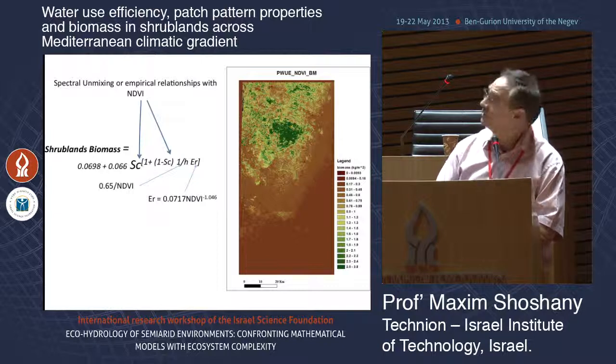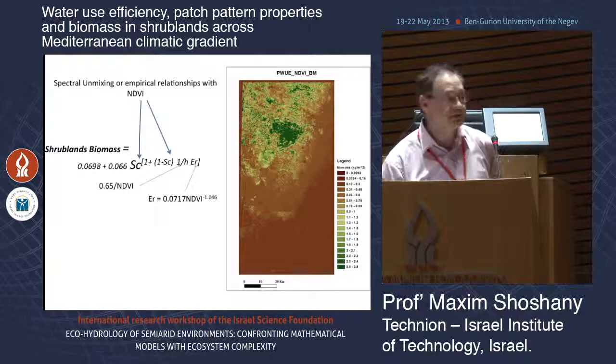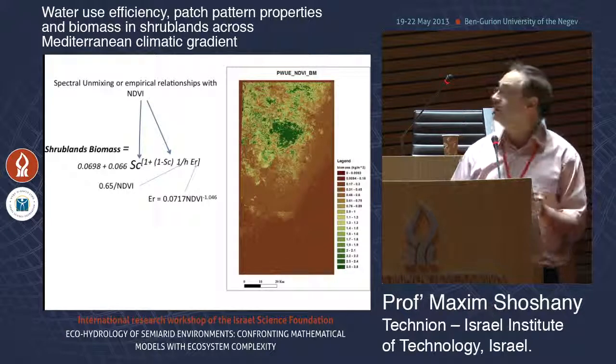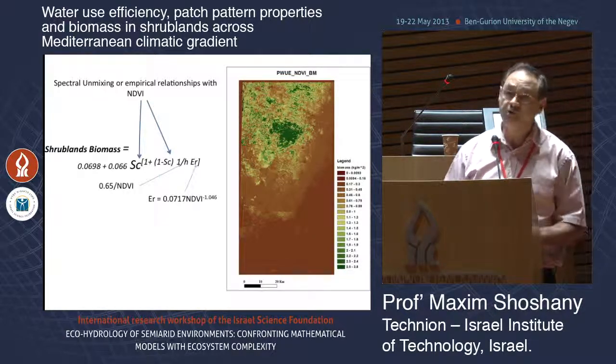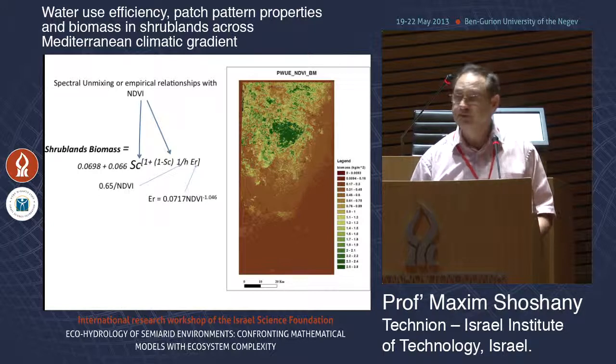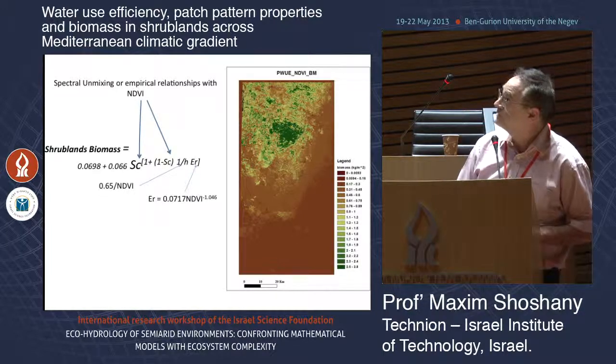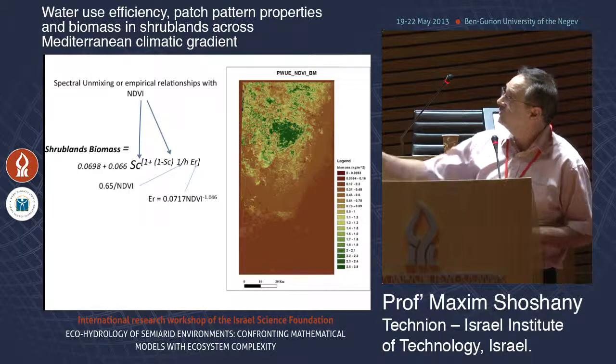So now we can take it further, and that's from the remote sensing perspective. We can derive a new type of model for mapping shrublands biomass from remote sensing, where from unmixing we can derive the shrub cover. The NDVI is already used here, and we have also derived the equation for estimating the edge ratio from the Landsat resolution.